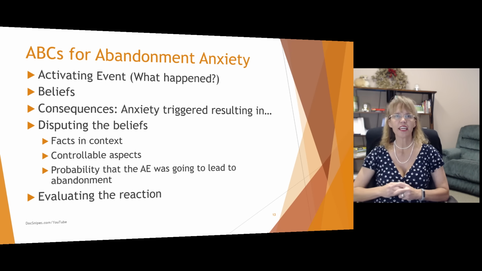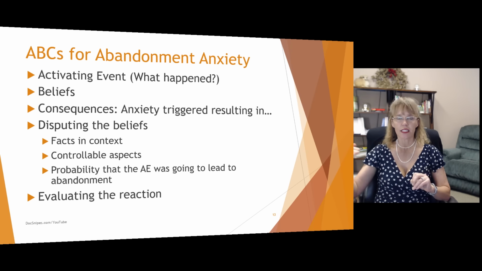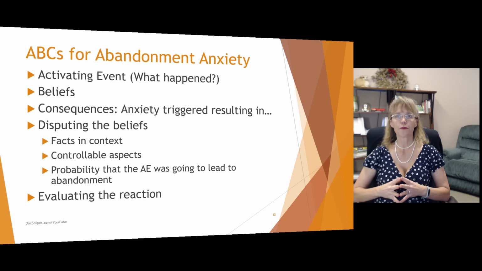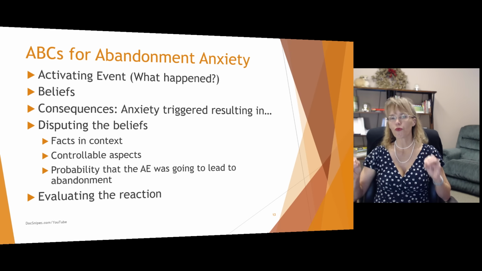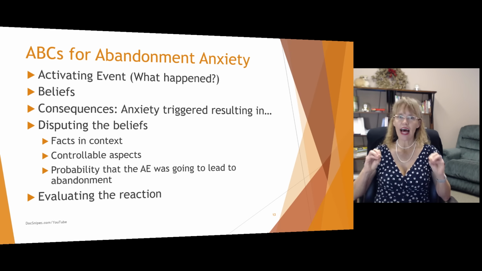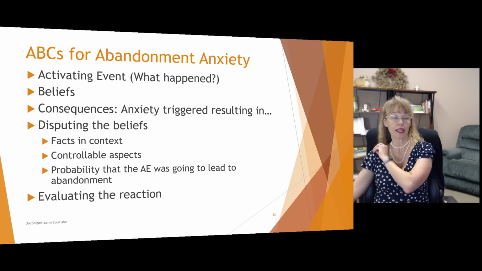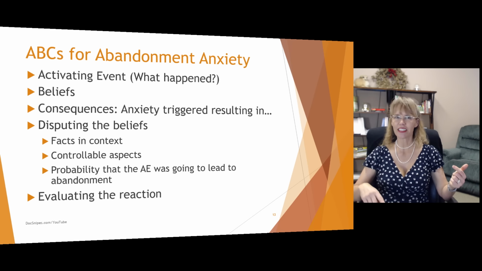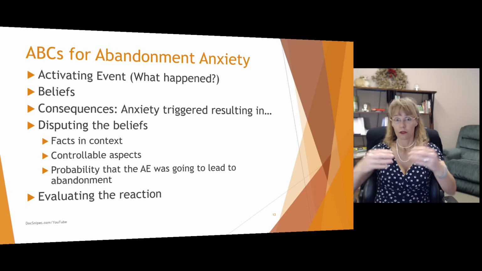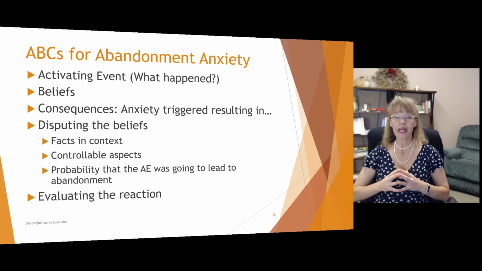So, activating event, you got into a disagreement with your best friend. Consequences, you had your abandonment anxiety triggered and started spiraling. Now, what is the probability that having a disagreement with your friend was going to lead to abandonment? Especially if you address the controllable aspects.